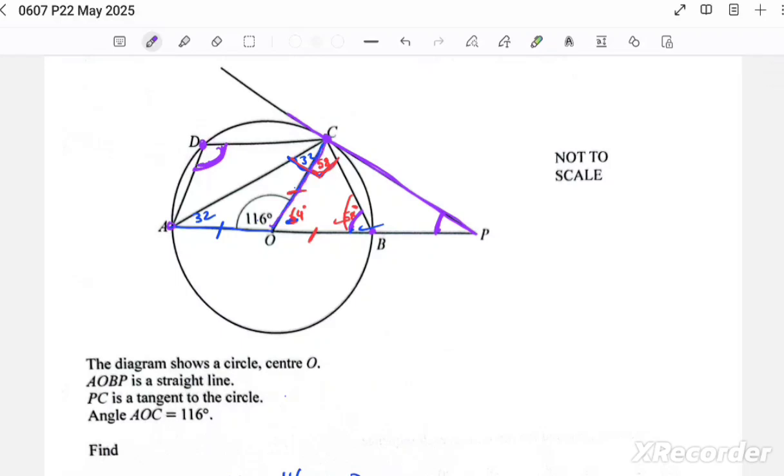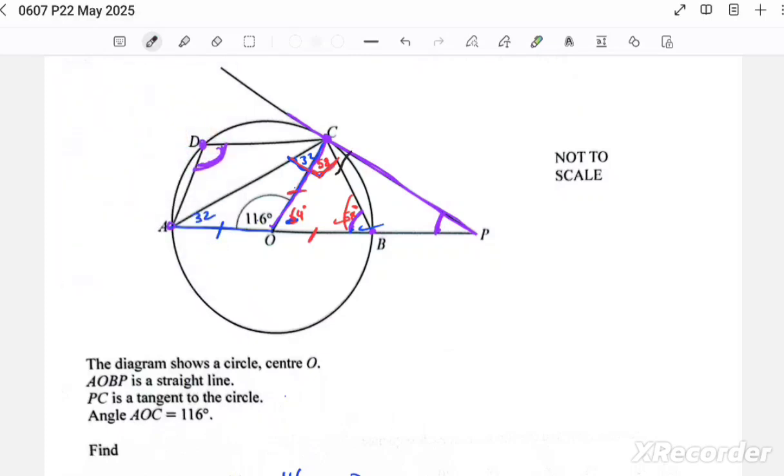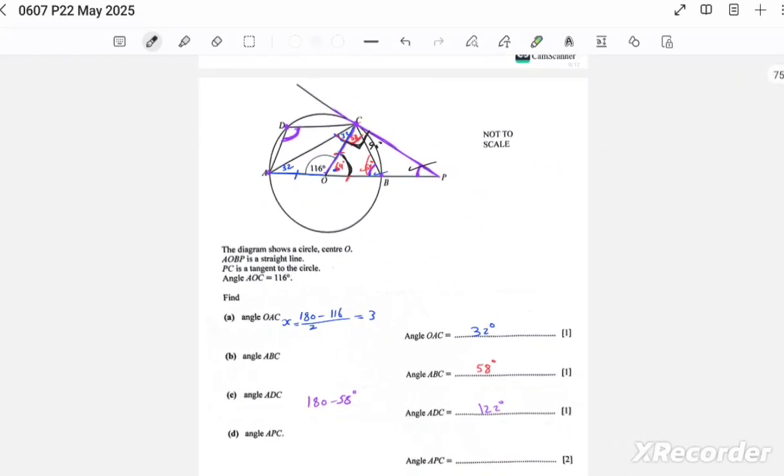Like this one, this angle should be a right angle. This one should be 90 degrees. Since this one is 90 degrees and this one is 64, we can find the third one. So you can say 180 minus 90 minus 64. So 90 minus 64, which is 26 degrees.